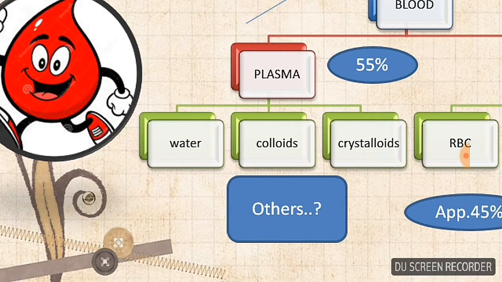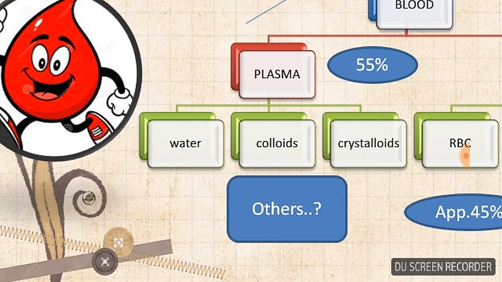Like prothrombin, immunoglobulin, hormones, etc. All these come under the colloids, and these colloids come under the plasma. Fine. And then crystalloids. Crystalloids mainly constitute the ions like sodium, calcium, potassium, chloride, phosphate, magnesium, etc.